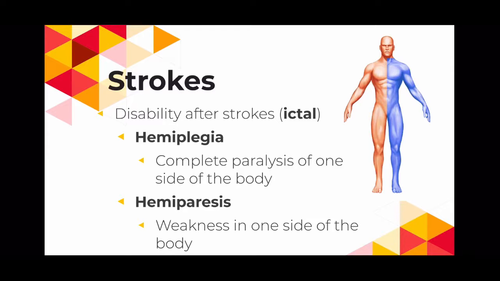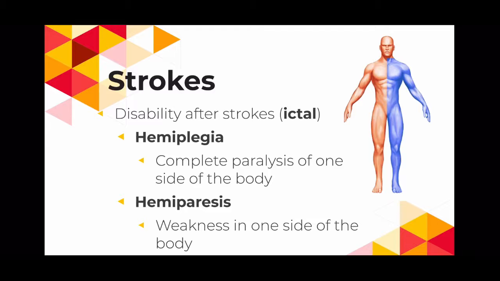You are unable to move either the left or right side of your body completely. You are paralyzed. And the way that the brain works, if you have a stroke on the right side of your brain, it is going to impact the left side of your body. And likewise, if you have a stroke in the left side of your brain, it's going to impact the right side of your body.